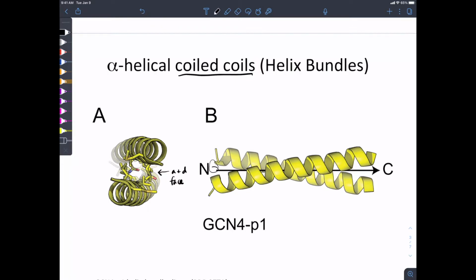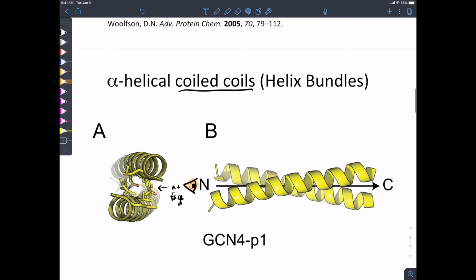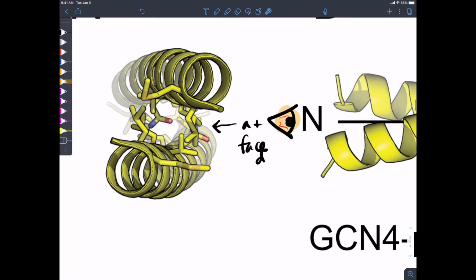And if you look down the N-terminus, so this view here is sort of the Newman projection, as though we're looking down the, can't resist, can I? Looking down the N-terminus, you see this view where you've got nonpolar A and D position residues packing against each other. So here's a methionine from one helix, and here's the methionine from another.